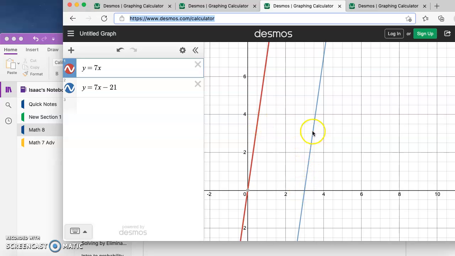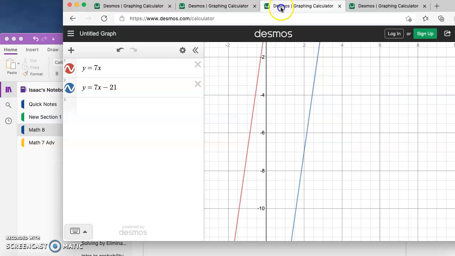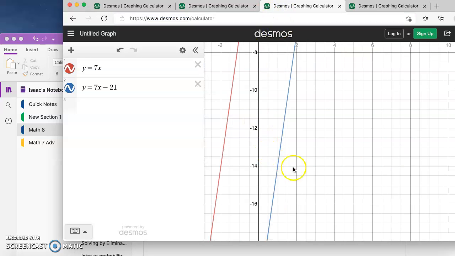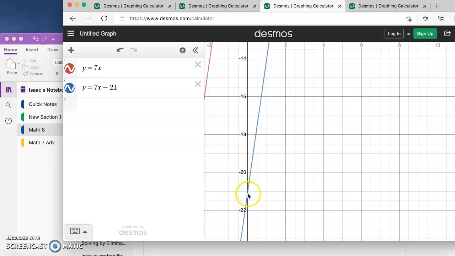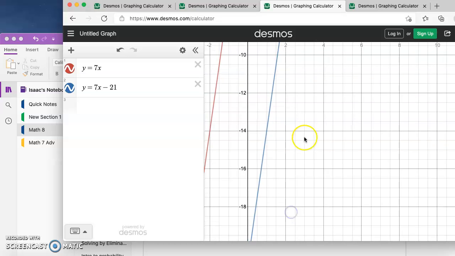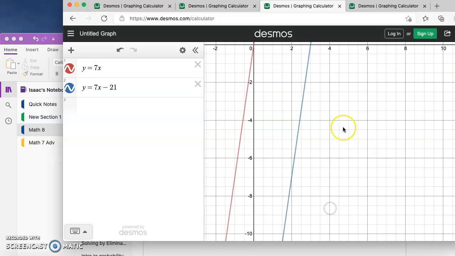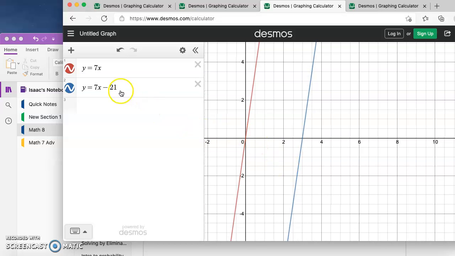And seeing that, well, this one has its y-intercept here, but the other one has its y-intercept way down here at negative 21. The reason that Vanessa's y-intercept is negative 21, by the way, is because right when she started, 3 weeks after Tom, he'd already paid $21 because he joined 3 weeks earlier, and it cost $7 a week.